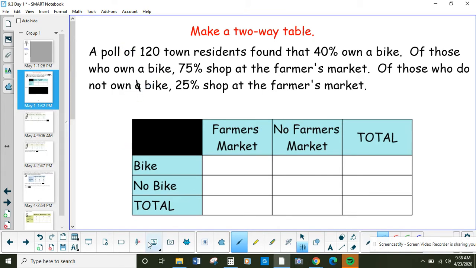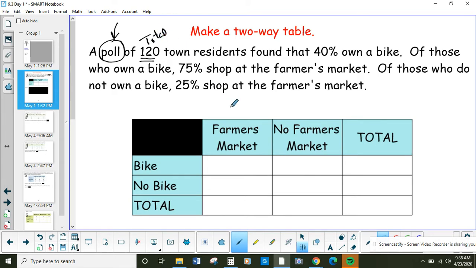It says a poll of 120 residents. A poll means people that you ask. When you ask people questions and then you get your answers, that's a poll, okay? So the poll is questions asked of 120 people. In other words, this is the total people that they talked to.